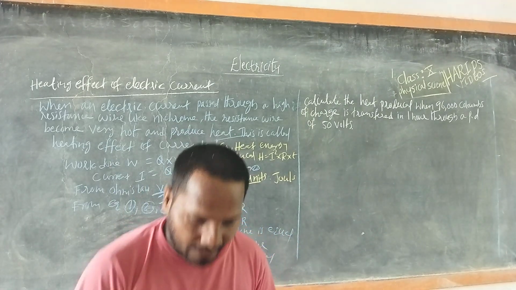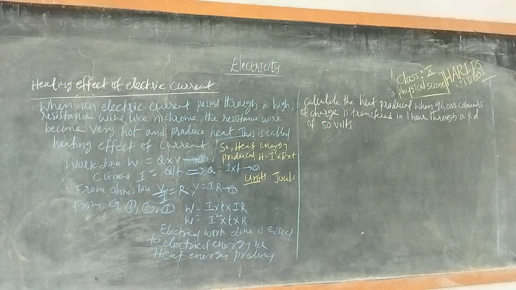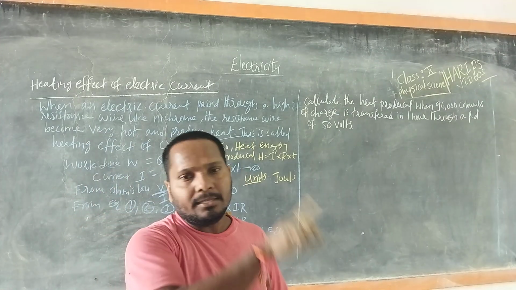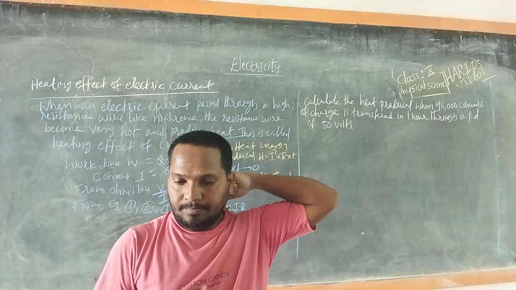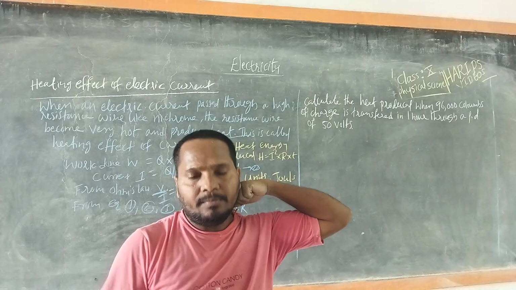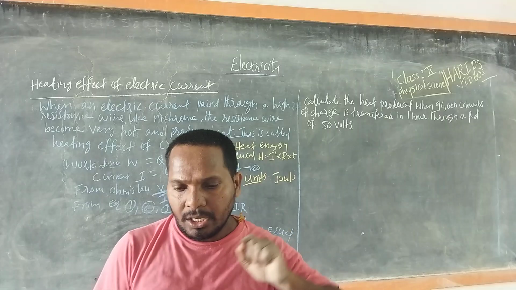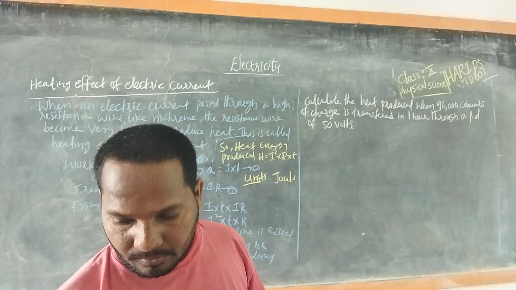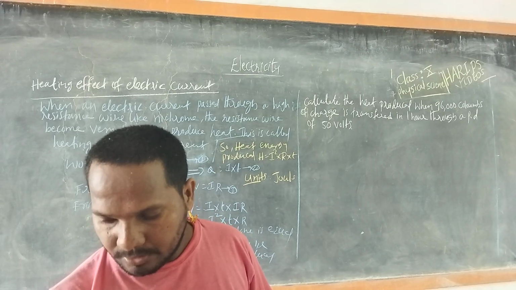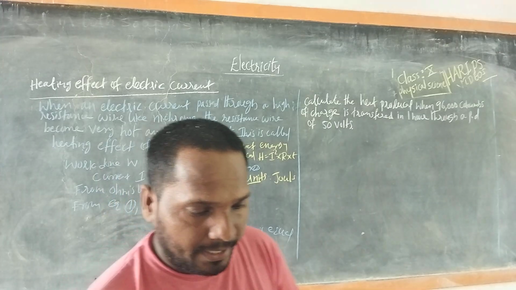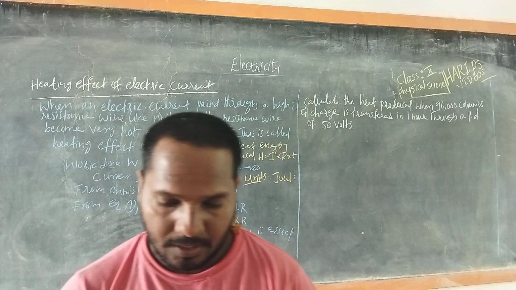First of all, let us calculate the amount of current passing and the resistance. Then we calculate the heat energy produced. First, calculate the amount of current flowing.